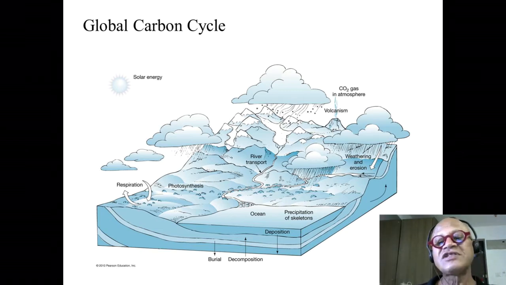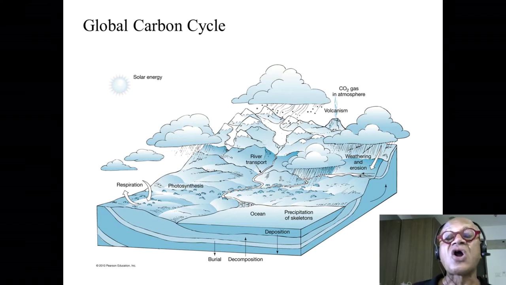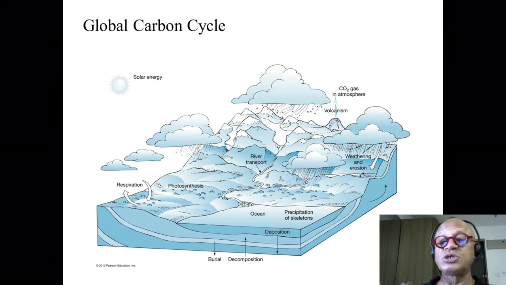On land, obviously, we are having river transports, but here it's not just the organic matter, it's also the weathered products of carbonate, bicarbonate, calcium ions, and so on, because we're talking about the carbon cycle here, not just nutrients and biological matter. So there is weathering and erosion relating to that.